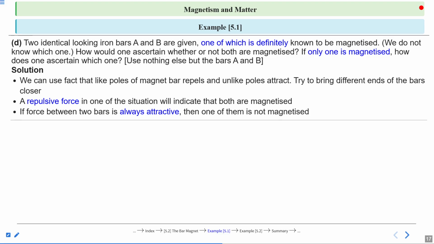Repulsion occurs only when the other magnet also has magnetization, that is, also has north and south poles. So if the force between two bars is always attractive, then one of them is not magnetized. So the first part is finished. Now move on to the second part: only one is magnetized, and we have to find which one.